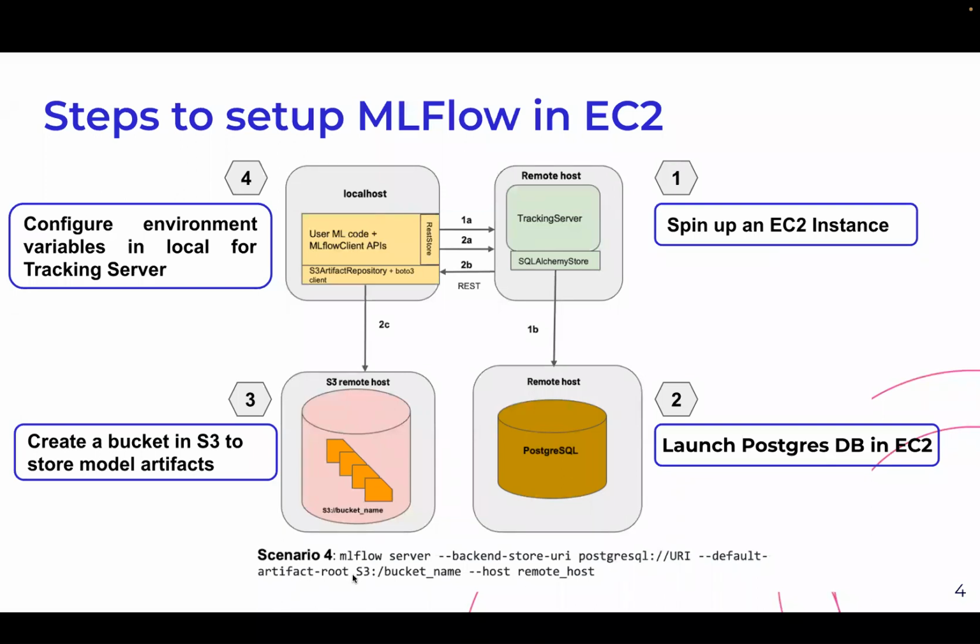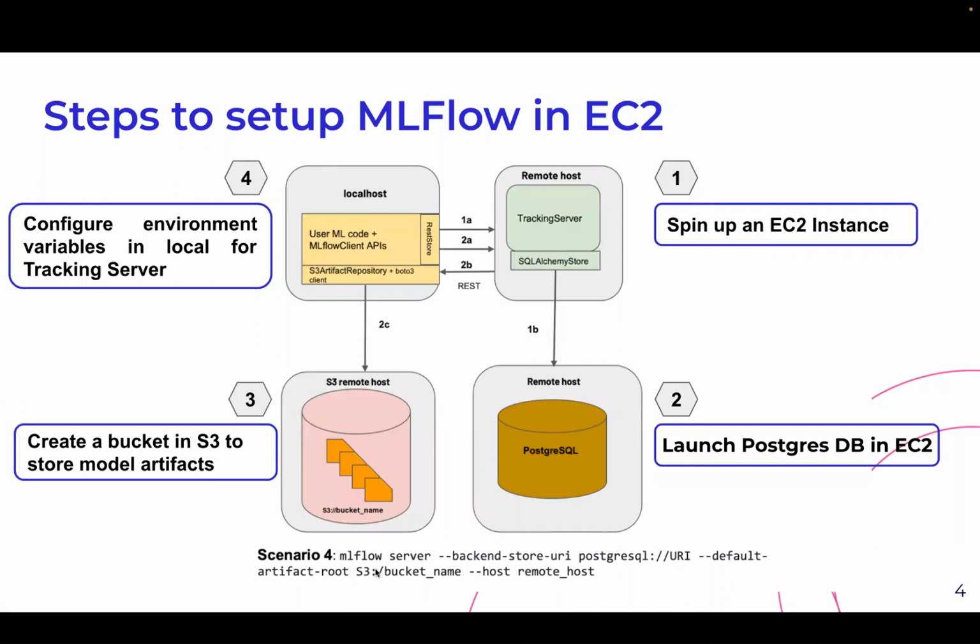For artifact storage, you can mention the S3 bucket link where you want to store the artifacts. Once you enter this command in your EC2 instance, it will start running the MLflow server.